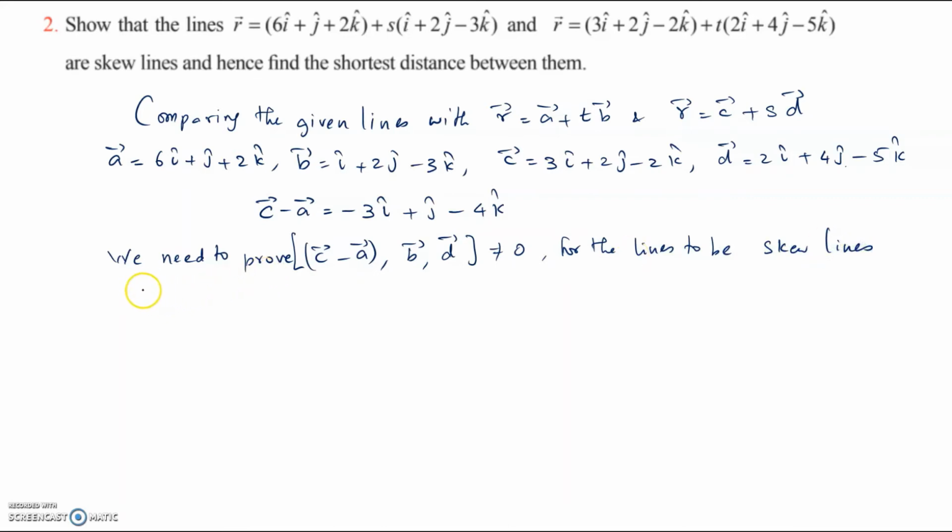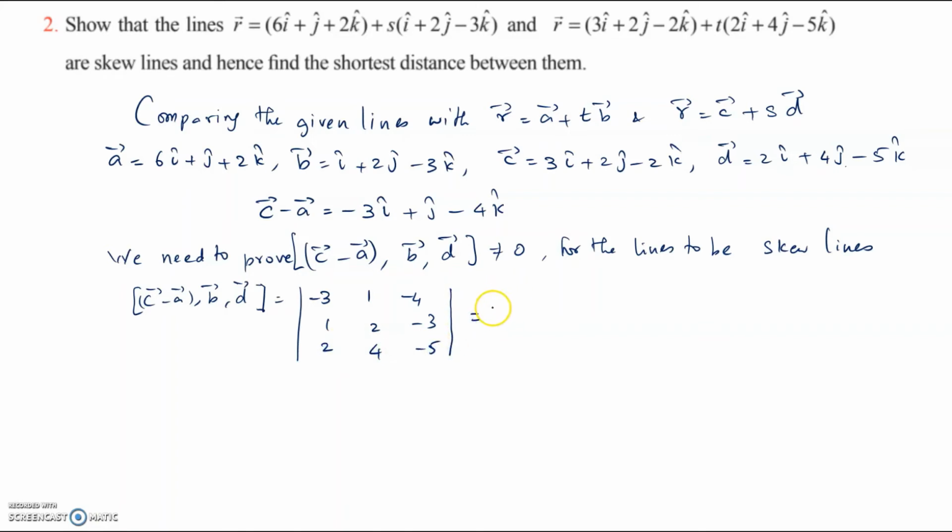So let's find the scalar triple product. It is given by the matrix with rows −3, 1, −4; 1, 2, −3; and vector d is 2, 4, and −5.